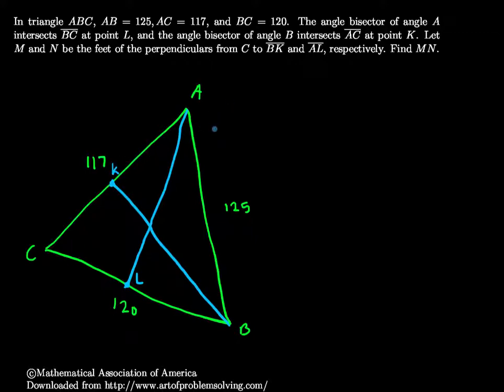Let M and N be the feet of the perpendiculars. Okay, so those are the angle bisectors in blue, our triangle is in green. Let M and N be the feet of the perpendiculars from C to BK and to AL.